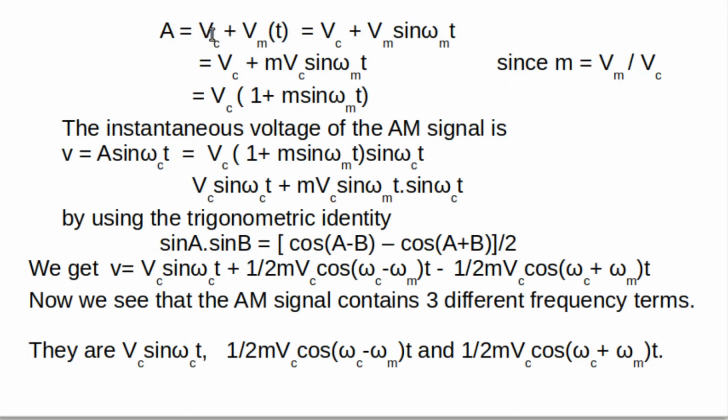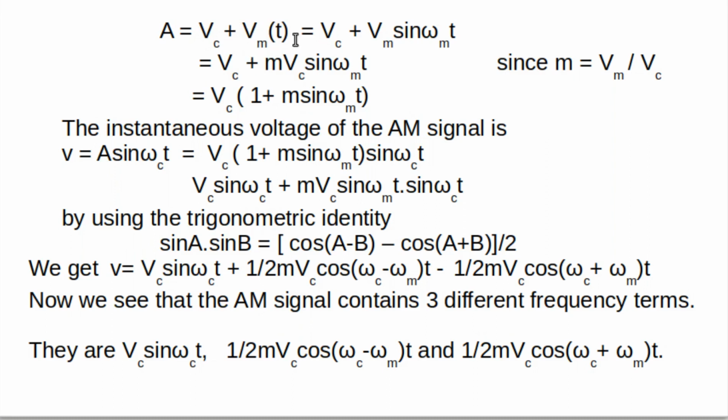Here Vc is the amplitude of the carrier and Vm of t is the amplitude of the message. So this message is added to the amplitude of the carrier, resulting in the amplitude of the AM signal.